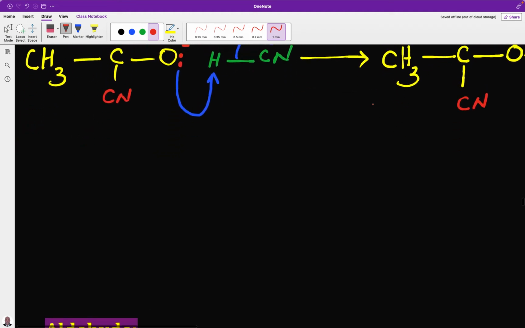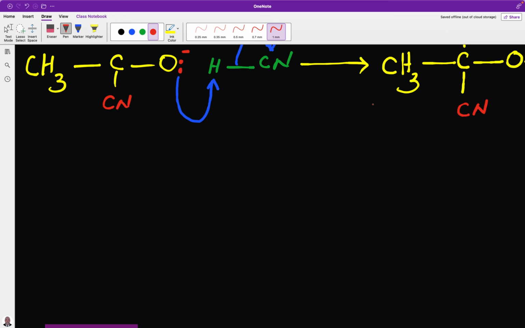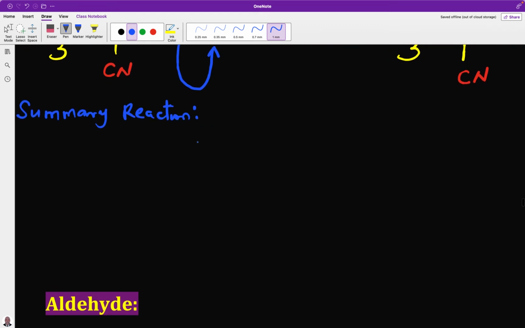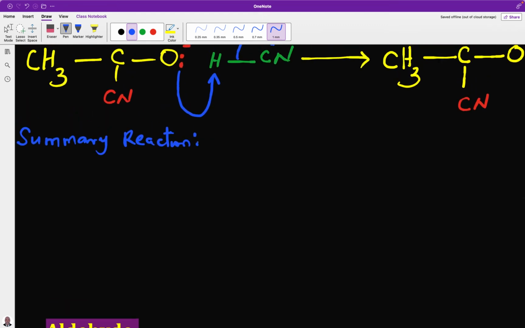We can summarize this in one reaction, which will be just a summary of this, and could be written here. A summary reaction could be in this form.